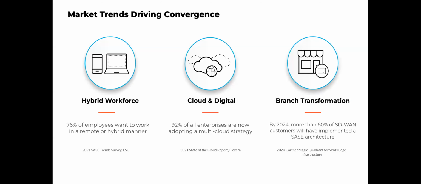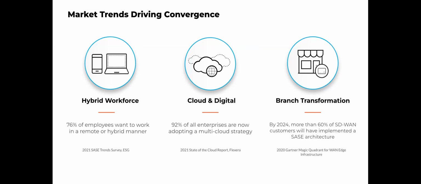All right, so let's begin by discussing the current market landscape. The hybrid workforce has become a worldwide phenomenon and is here to stay. A large number of enterprises are embracing the multi-cloud strategy, as their assets are moving from data centers to public clouds.